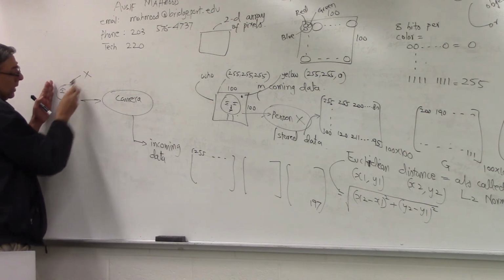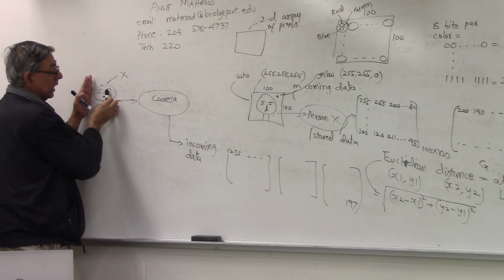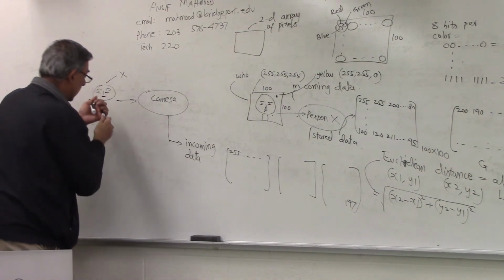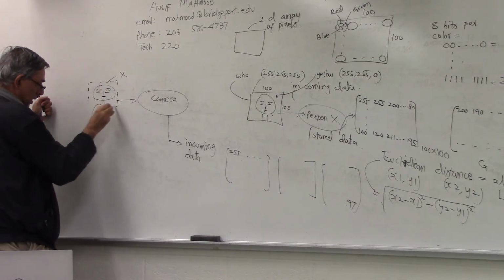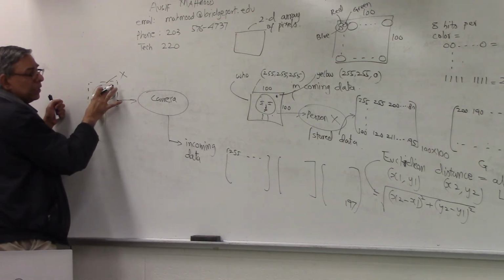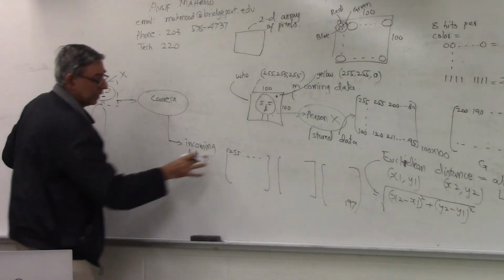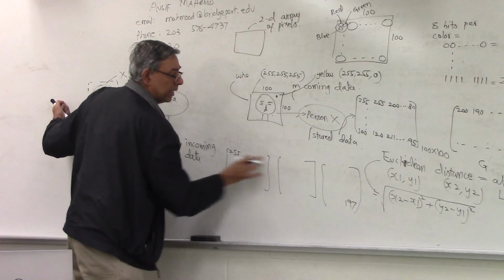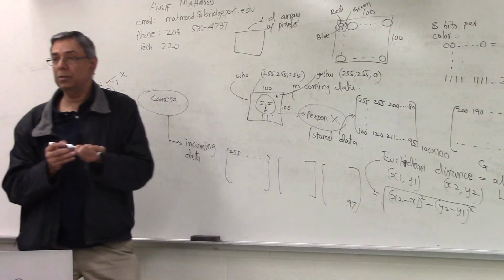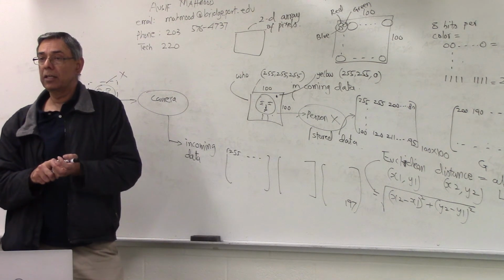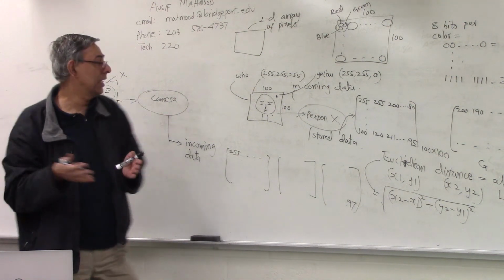Let's pretend it's the same person X. If this image was taken, we did the face detection on it, and if this was perfectly aligned with this one, then as you can see, we'll produce the exact same matrices. And if we did the Euclidean distance between the 2, what will it come out to be? 0.